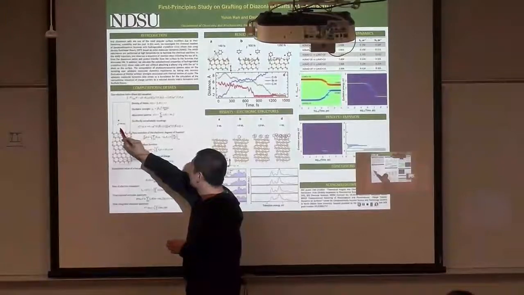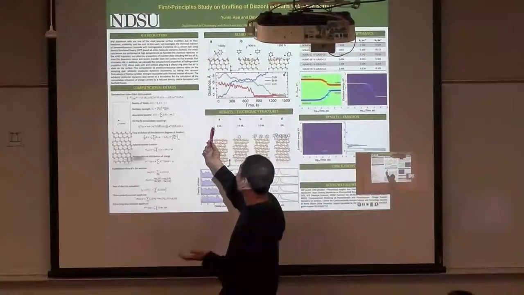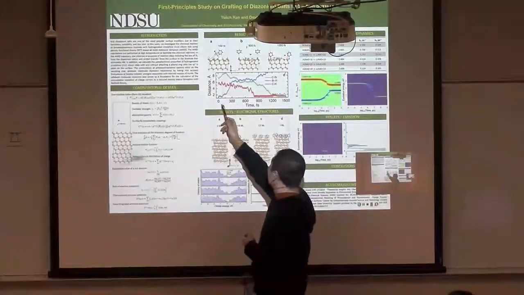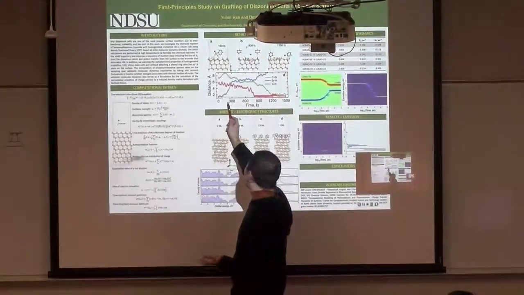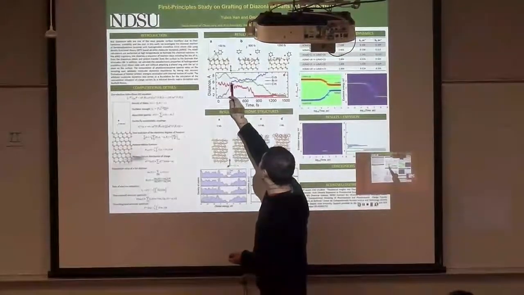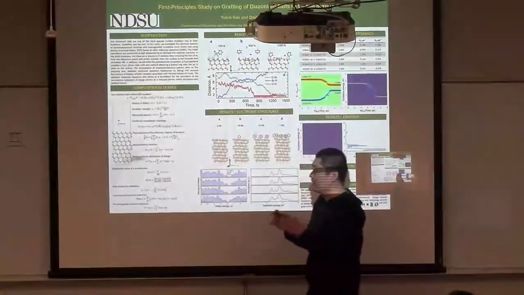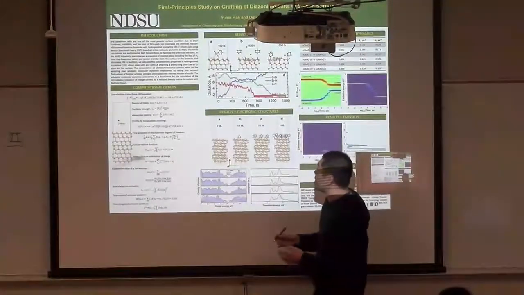Initially the carbon-nitrogen bond is about 1.5 angstrom, but as time goes by, we can see the breaking of the carbon-nitrogen bond. For example, at 300 it's about 6 angstrom. That means the nitrogen is away from the carbon ring.